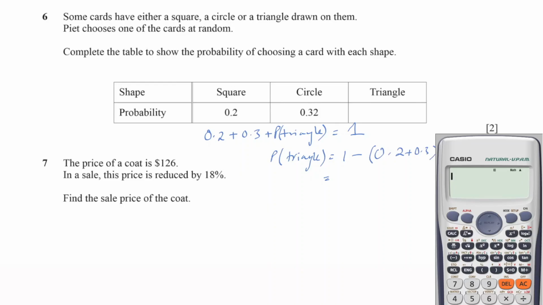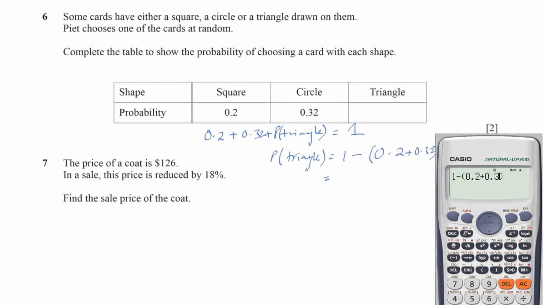So we can use a calculator. We can write 1 minus of 0.2 plus 0.3. That gives you 0.32.